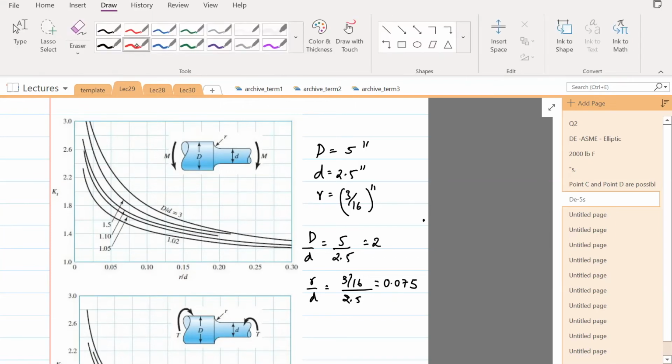Okay, now let's go and figure out the Kt. So looking here, 0.075. And then we need to go on D divided by d equals 2. This is 3, and this is 1.5. So we are somewhere in between these 2 points.